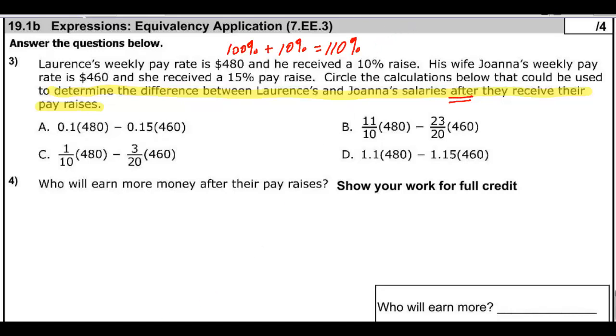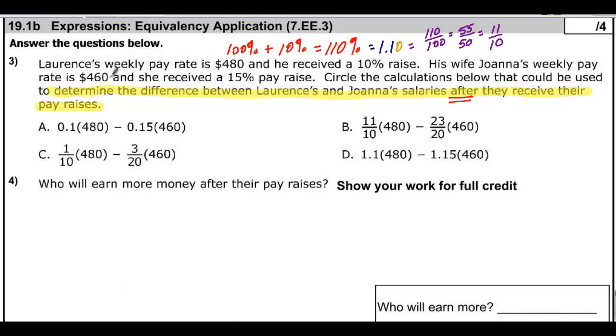That 110% as a decimal looks like 1.1. Could have 1.10 if you want that. Remember that last zero, that's not a placeholder. And as a fraction, it's 110 over 100. That simplifies to 55 over 50, which simplifies to 11 over 10.